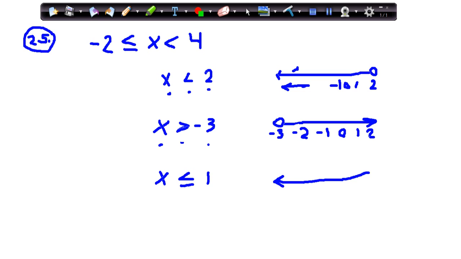But notice what it's stating, x is less than or equal to 1. Or equal to 1. So that means you're going to have a closed dot. So 1 is included. See? We had a closed dot because the 1 is included.